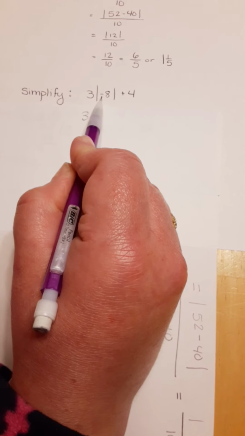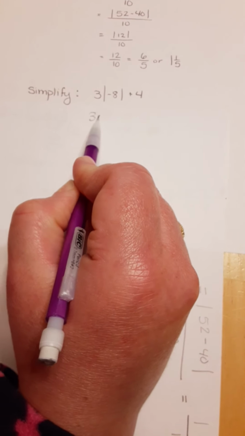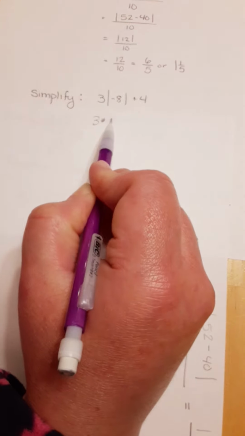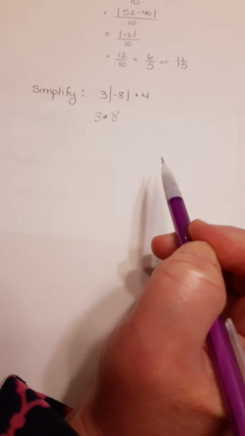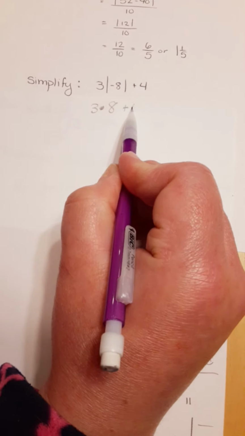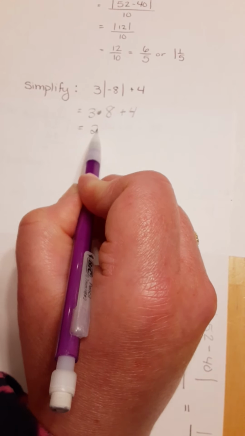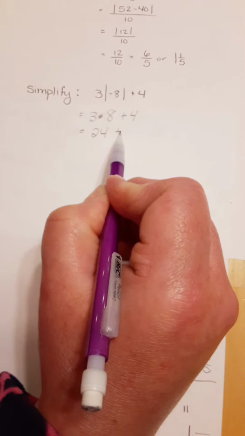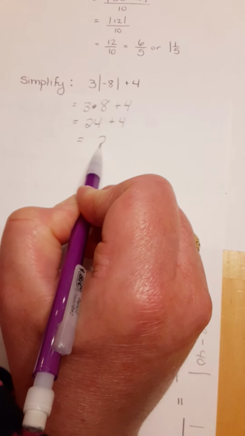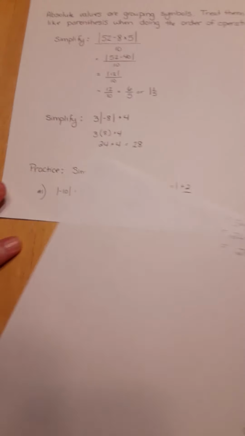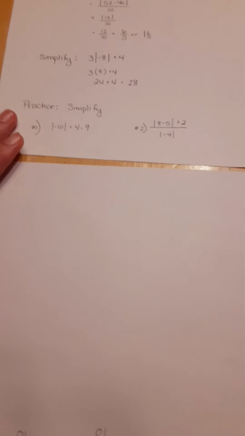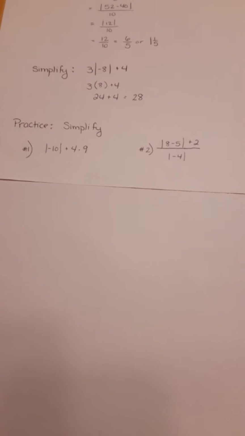And because these are side by side, that means we're going to multiply these numbers together. So I'm going to put the answer here of 8 and then bring down my plus 4. Order of operations says do my multiplication first, and I get 24 plus my 4, which gives me my final answer of 28. Okay, let's do a few problems here at the bottom, and let's see how you do.